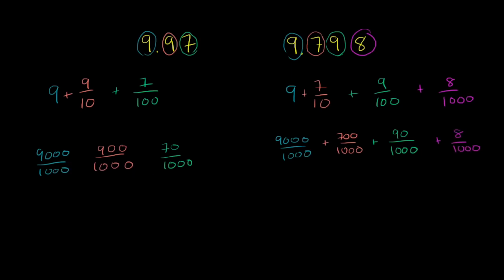And so what is this number on the left? How many thousandths is it? It's 9,907. Sorry, 9,970.